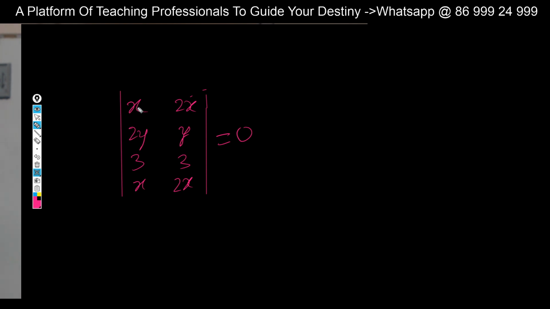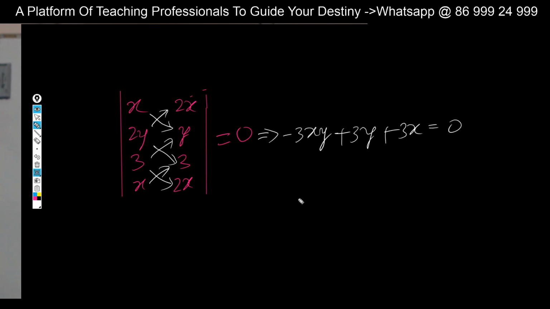I'm writing this directly because you understand by now. This is the cross multiplication method. xy minus 4xy, which implies minus 3xy. Then 6y minus 3y plus 3y, and 6x minus 3x plus 3x, must be 0 because they are given to be collinear.